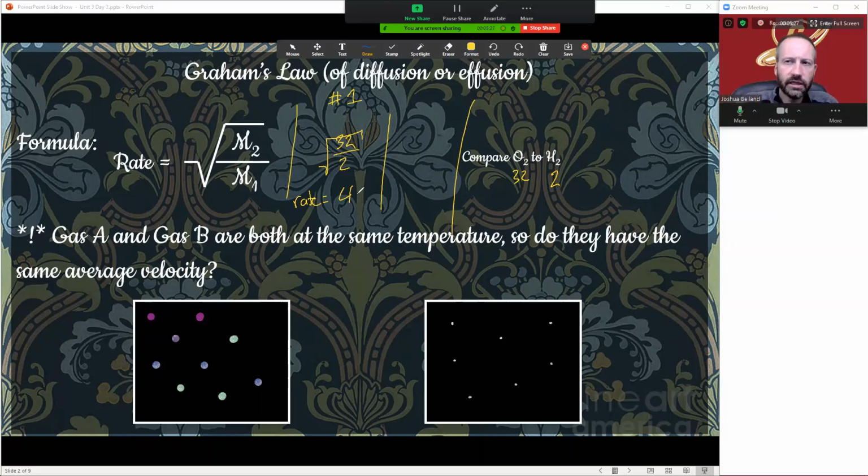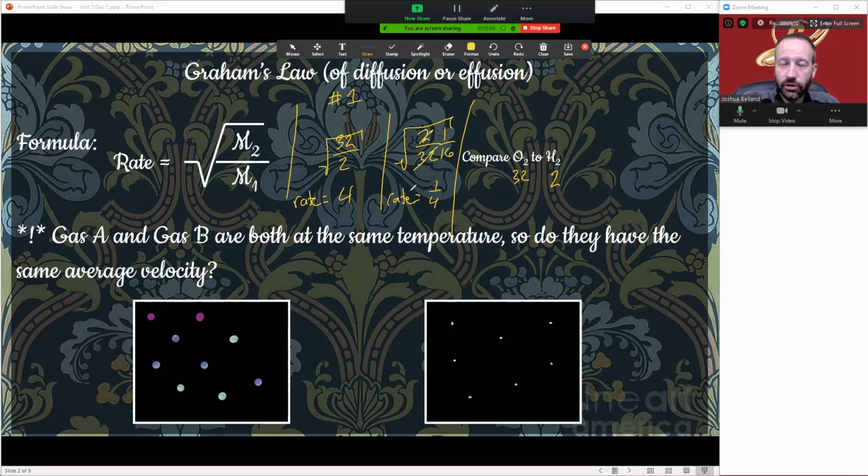Well, we're going to get to that in just a moment. Let's flip it. Okay, so 2 divided by 32, square root. Okay, well, I'm actually going to simplify this first. Let's call this 1/16. So now you can see it simplifies and square roots then into the rate is 1/4.